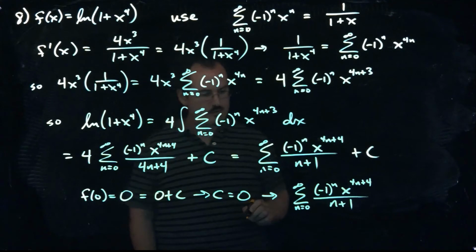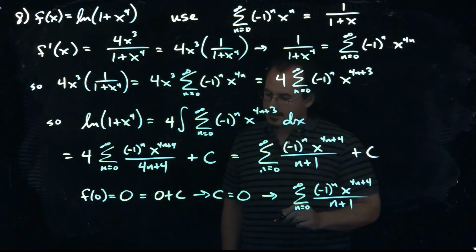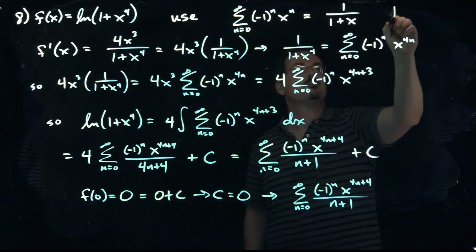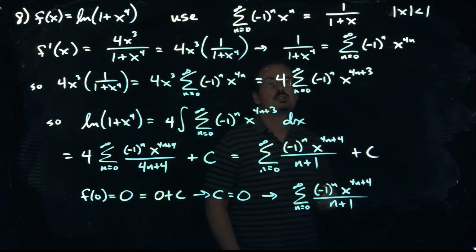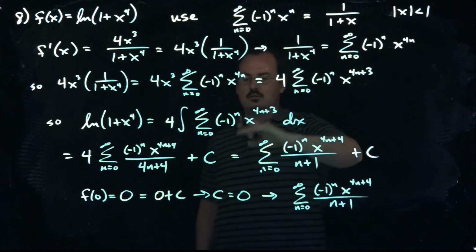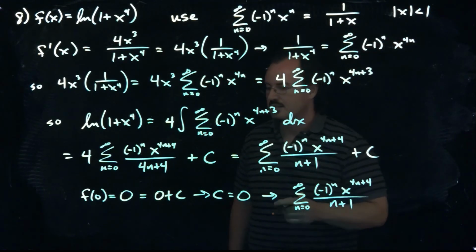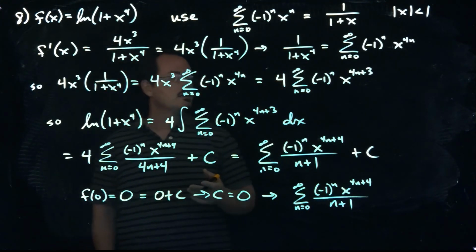This one doesn't ask for the interval of convergence. But if it did, we would know that the function we started with has this for its interval of convergence. By integrating, we may actually end up including an endpoint, but since this problem doesn't ask for the interval, we're not going to concern ourselves with that.